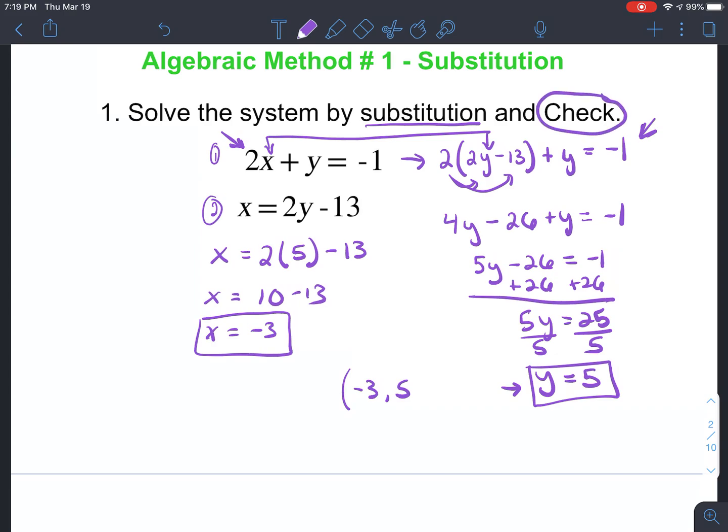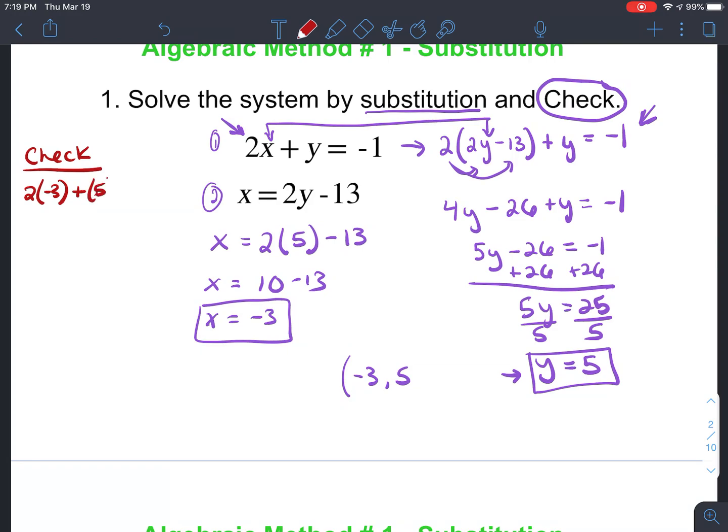Now it also says to check. Now remember, in order to check my solutions, it has to be a solution to both equations. So when I do my check, I'm going to check both equations. So number 1, 2 times my x value, which is -3, plus my y value, which is 5, is equal to -1.